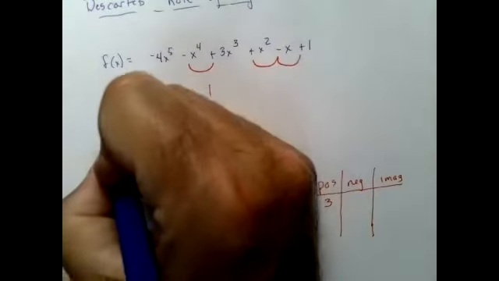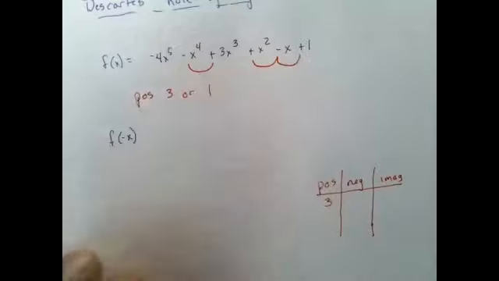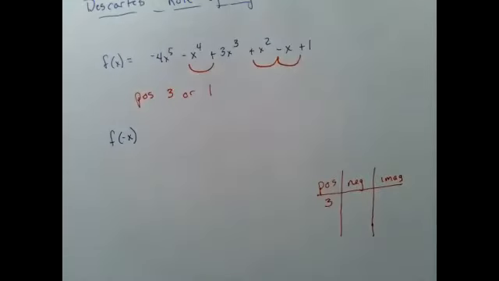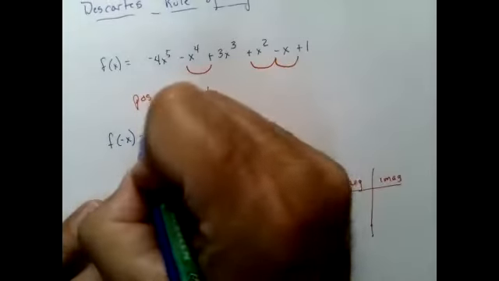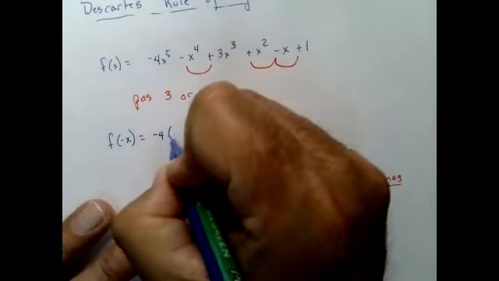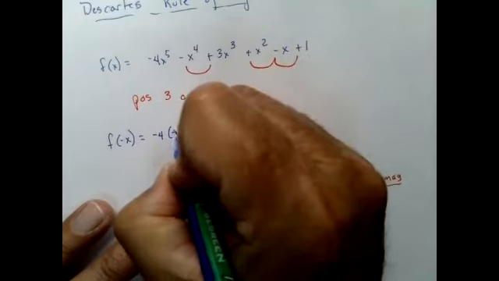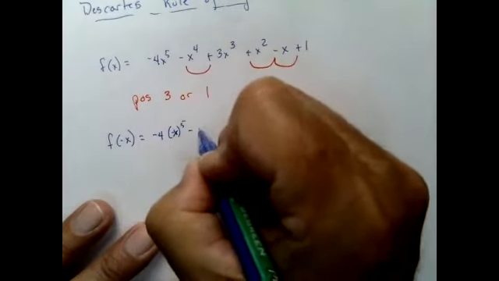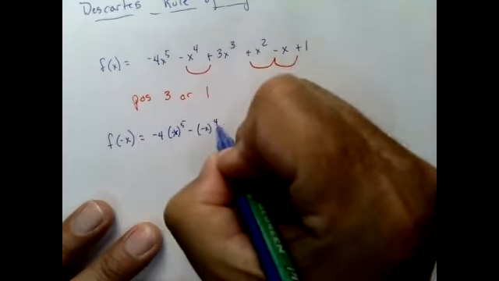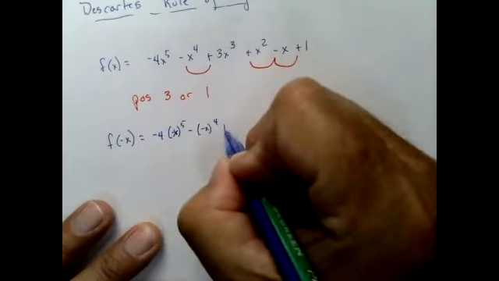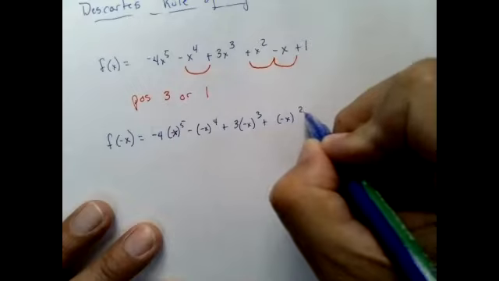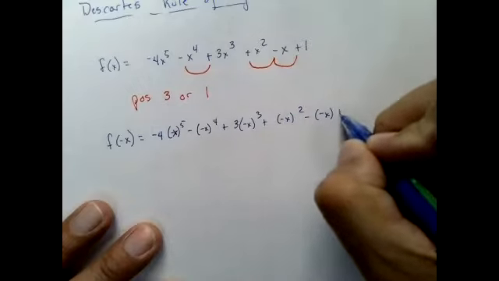Now, he also took f of negative x because that helps with the number of negatives. All right, so he took this equation, put in negative x to the 5th power minus negative x to the 4th power plus 3 negative x cubed plus negative x squared minus negative x plus 1.